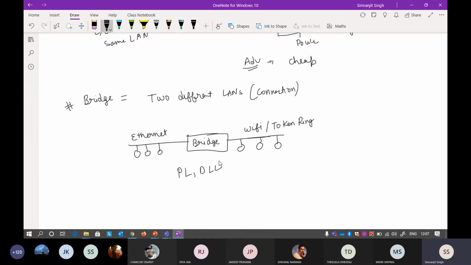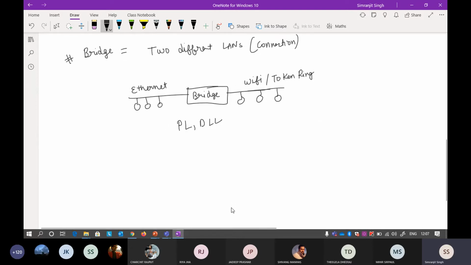So what is the advantage of this bridge? I'll take this diagram here. If you remember, I'm talking about a LAN, so I'm talking about the data link layer. In the data link layer, there will be some kind of frame format. If you remember, in the data link layer we divide the communication into framing.